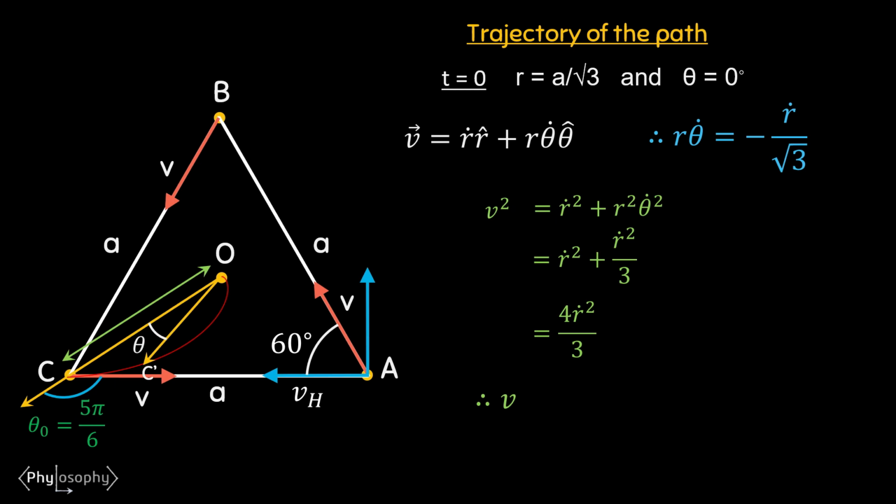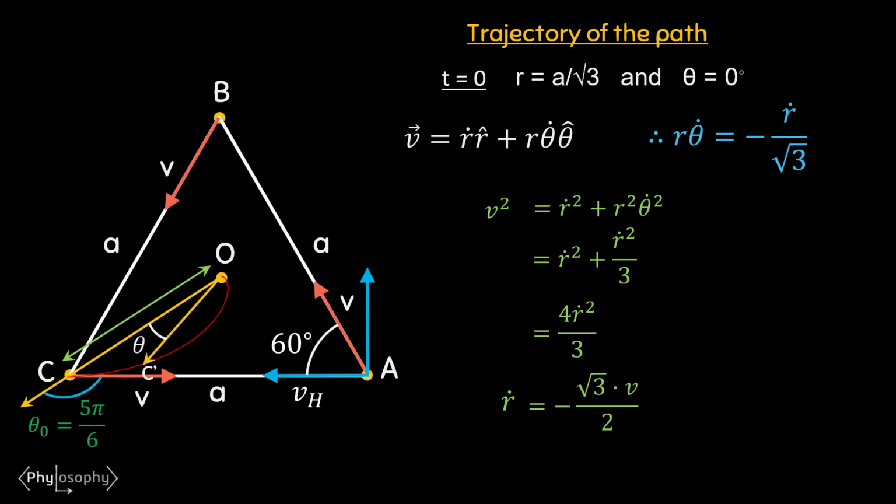Therefore, v = ±2ṙ/√3. But as time increases, the radial vector r decreases. So we have to consider the negative part of the velocity. Therefore, v = -2ṙ/√3, or ṙ = -√3 v/2.